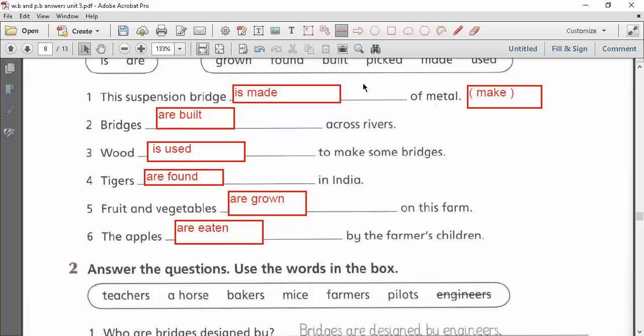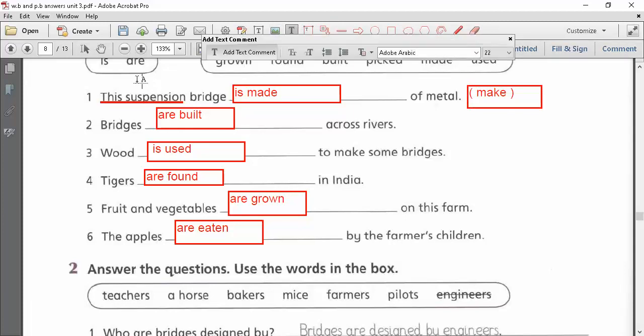Let's imagine that this word is an object. Let's write O for object. This suspension bridge is an object. Is is a helping verb, which is verb to be.